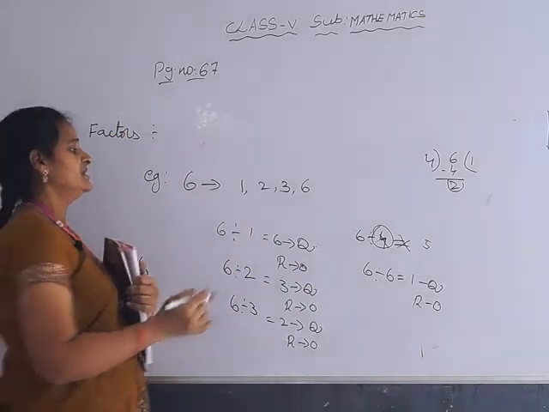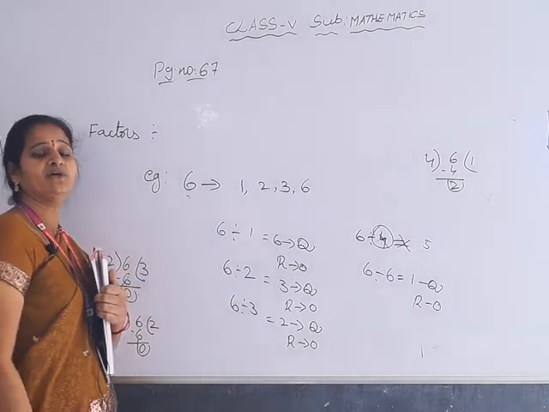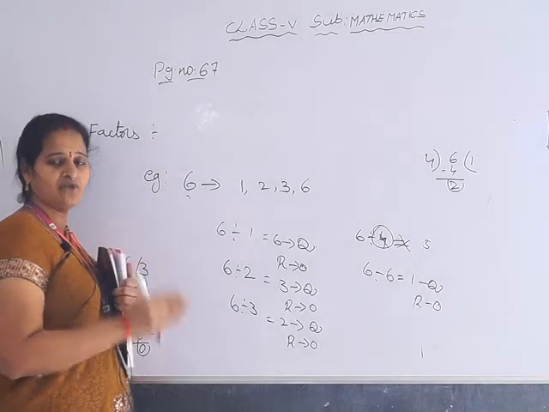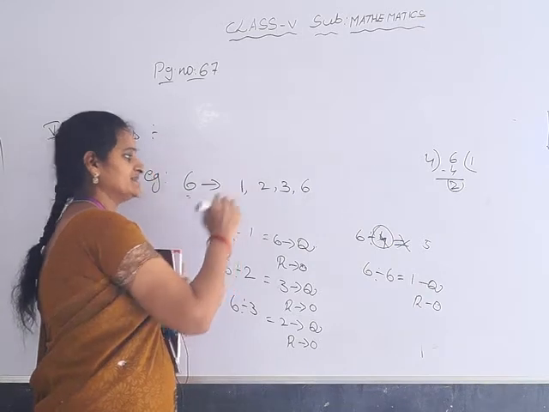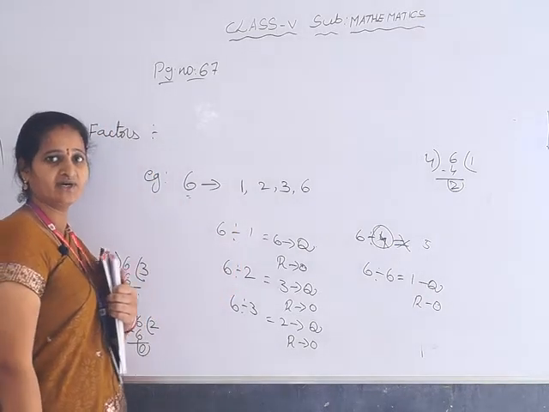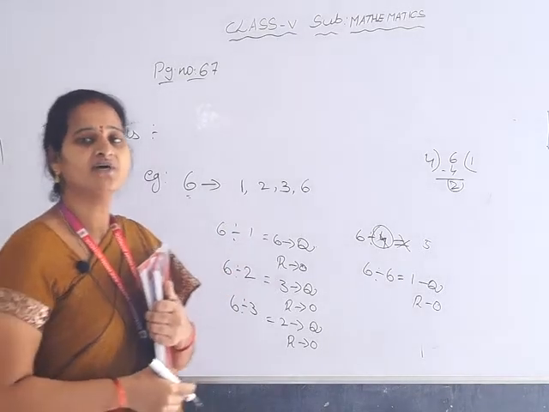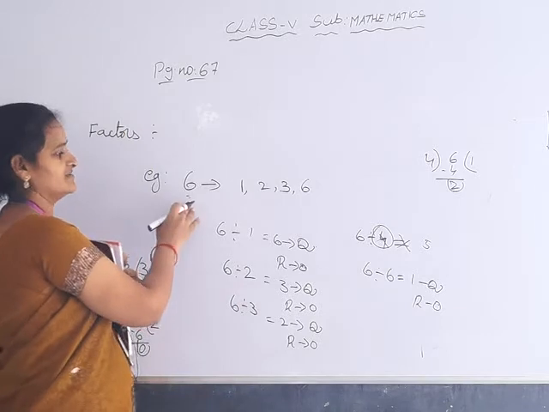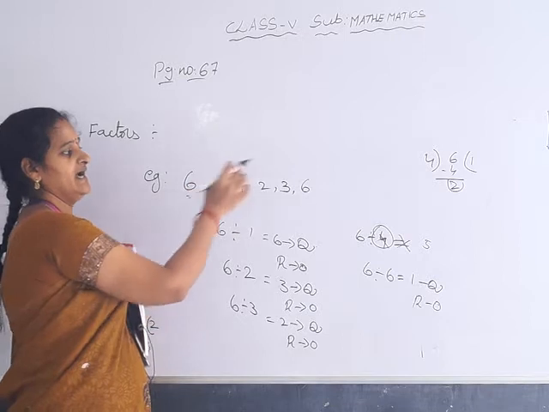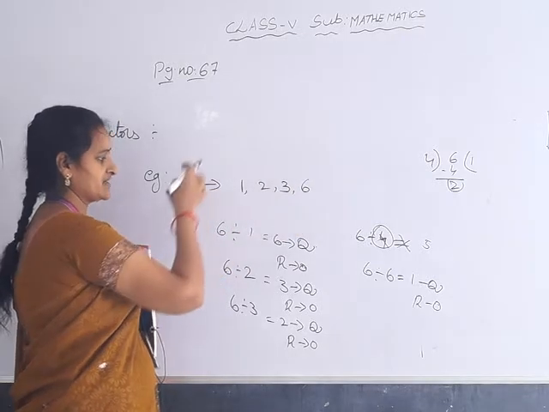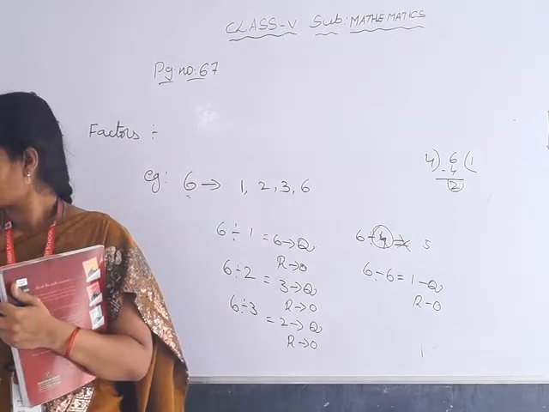What are the properties of factors? 1 is a factor of every number and is the least factor of the given number, and the number itself is the greatest factor. Here 6 is the given number, 1 is the least factor of 6, and 6 itself is the greatest factor of 6.